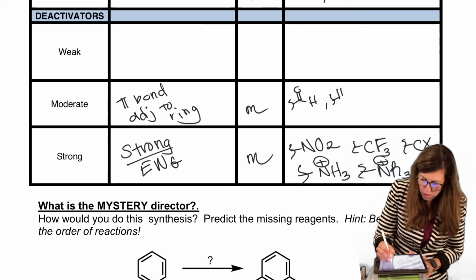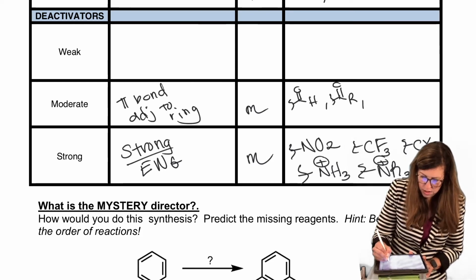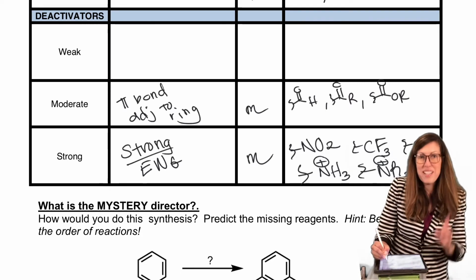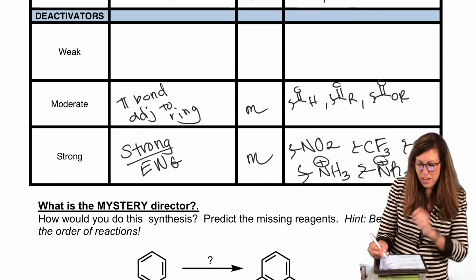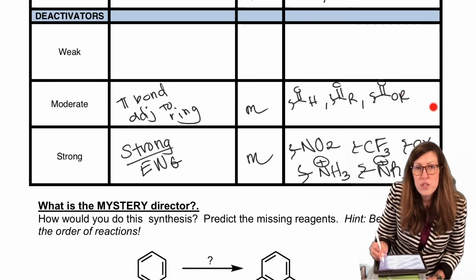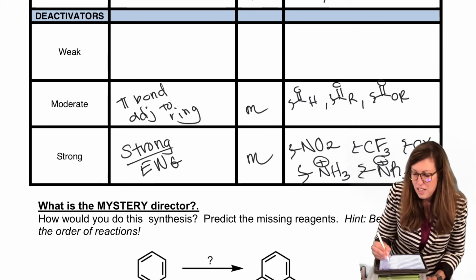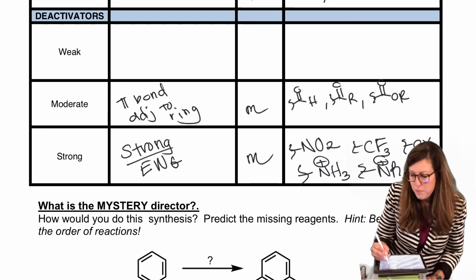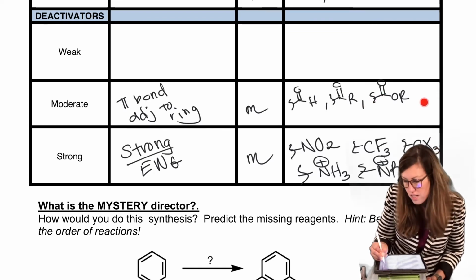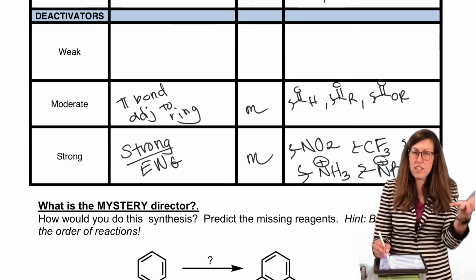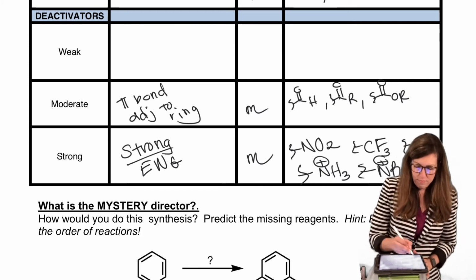This time I'll draw more of them out. Ketones. Esters, but be careful, esters connected the other way. We drew esters on here already. If esters connected the oxygen to the ring, it's electron donating. If it's connected at the carbon of the carbonyl to the ring, it's electron withdrawing, right? Because it sees the carbonyl first, not the lone pair on the oxygen first. So flip the ester around, you change its electron directing ability.